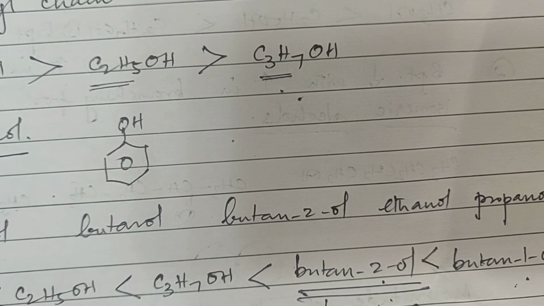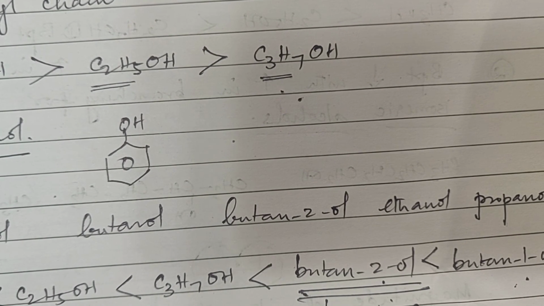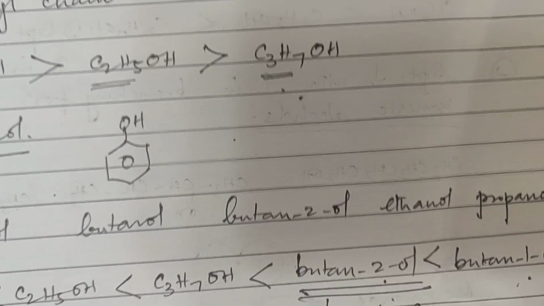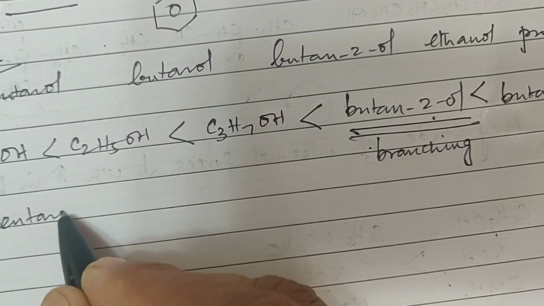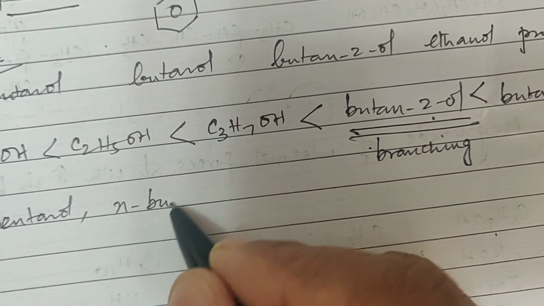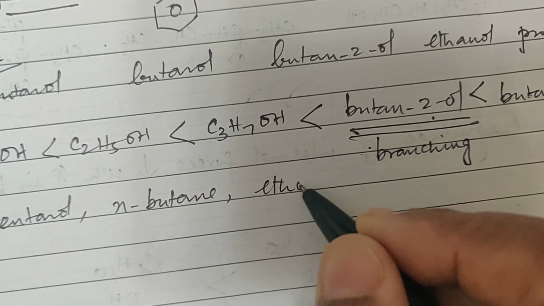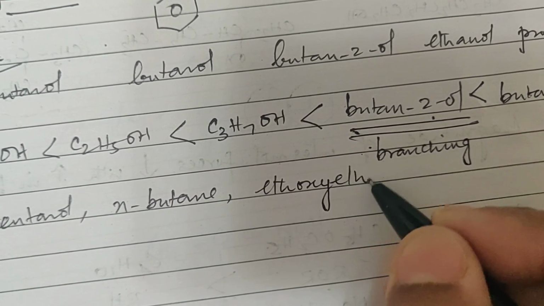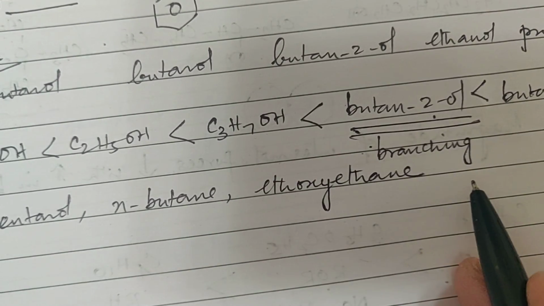Now another set of compounds: you have been given pentanol, and then you have been given n-butane, and then you are given ethoxyethane. In this case, which will have the least boiling point?